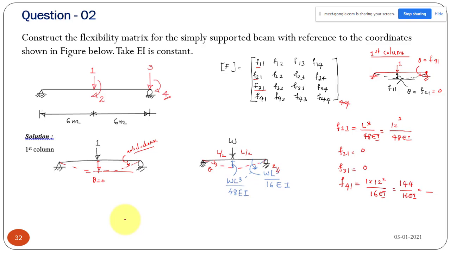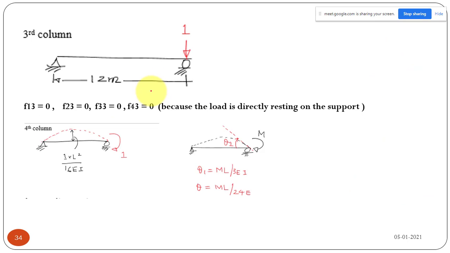Similarly, you can get the third and fourth. To get the third column, you take your simply supported beam and apply a unit force at the third coordinate. This point is B and this point is C. What is the value of the deflection at the center, the rotation at the center, the deflection at the support?